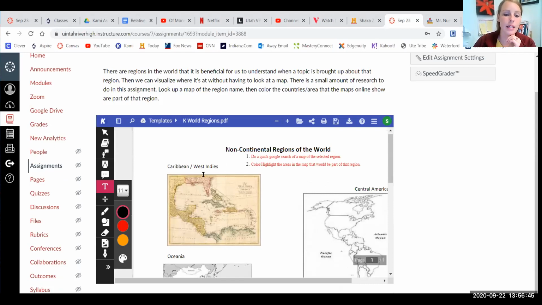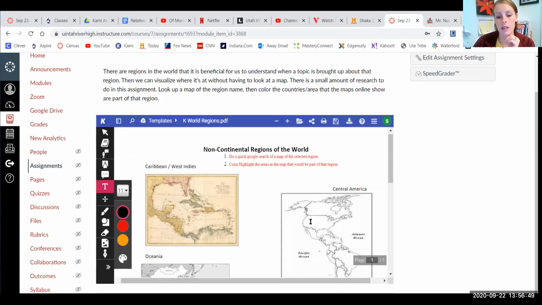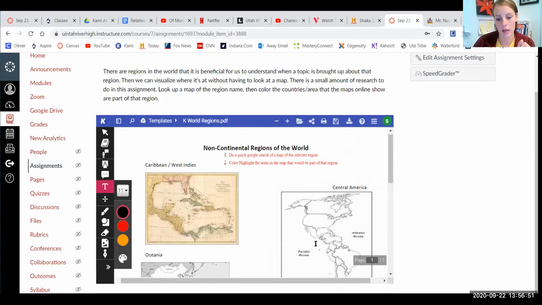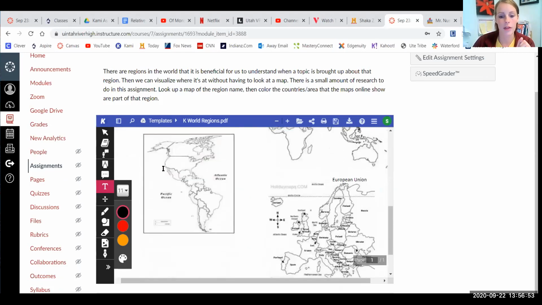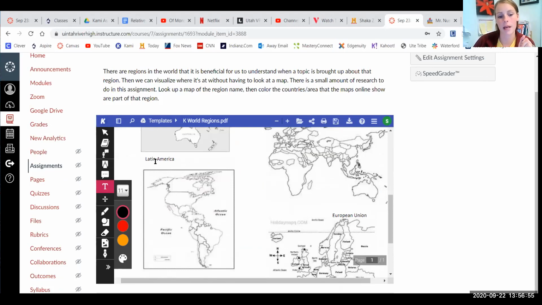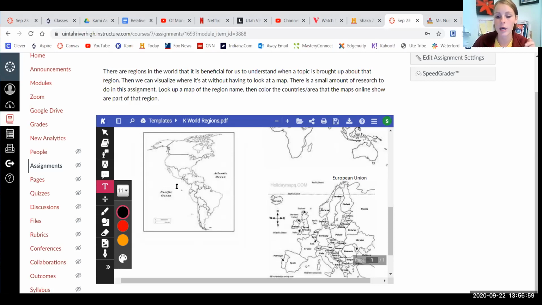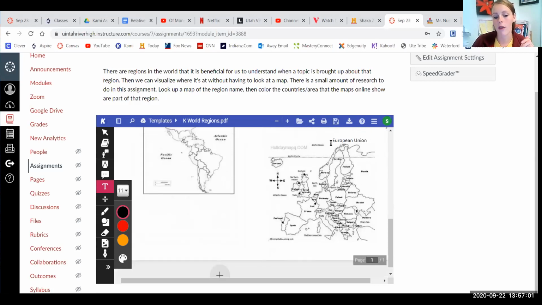The Caribbean and West Indies is because they're all located in the West Indies. Most of these regions are named because of where they're located. Latin America is called Latin America because of the language that people speak in this region. It's a Latin-based language. European Union is called that because there are countries that are part of this economic group that help each other.